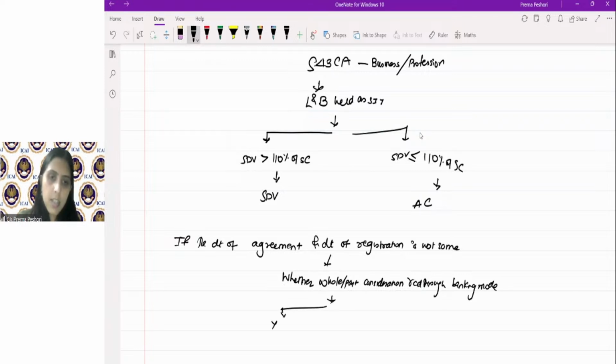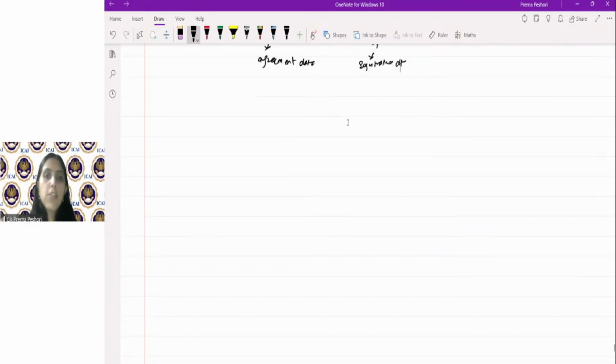If yes, then agreement date. If the answer is no, then registration. Clear? Okay. Now, one more section on the valuation is section 50CA.